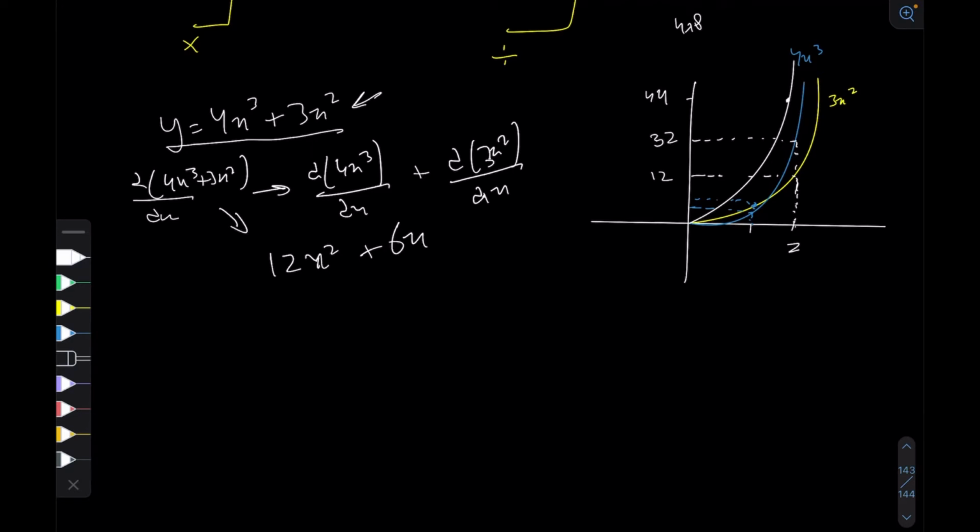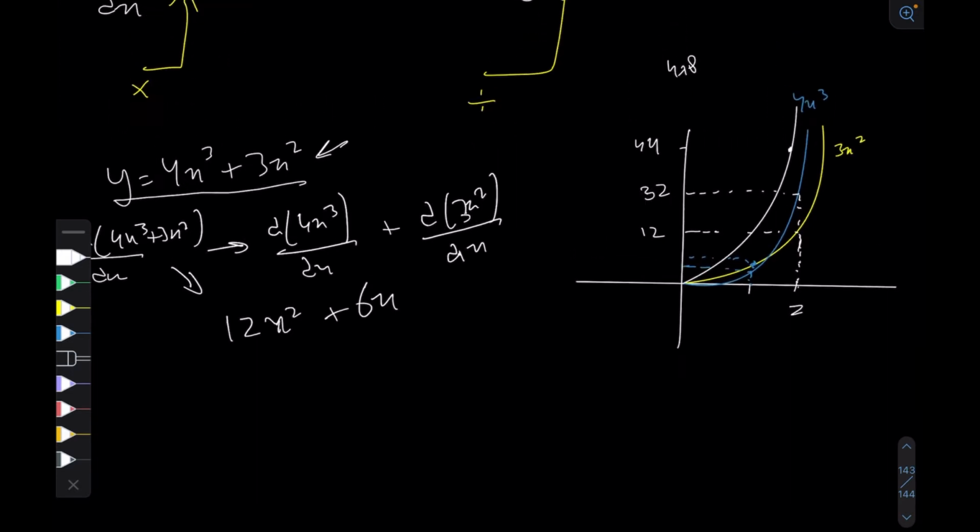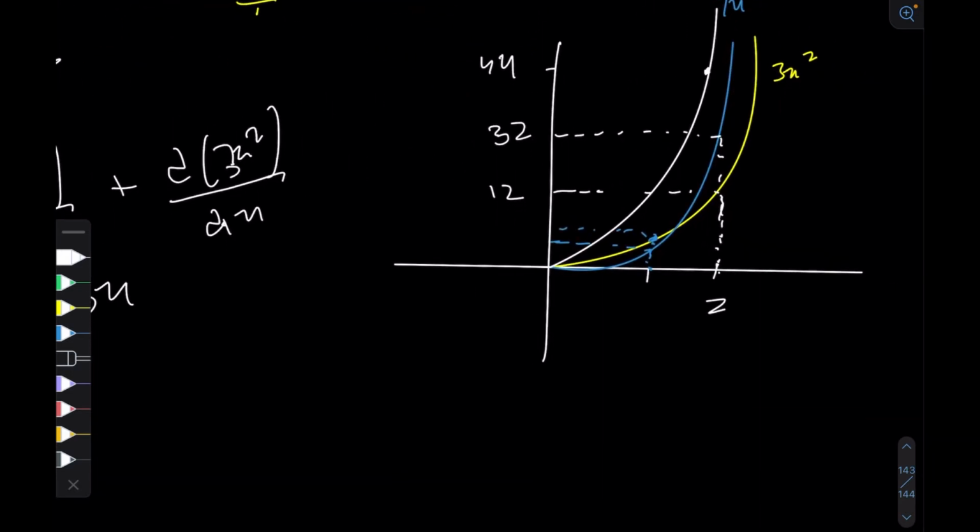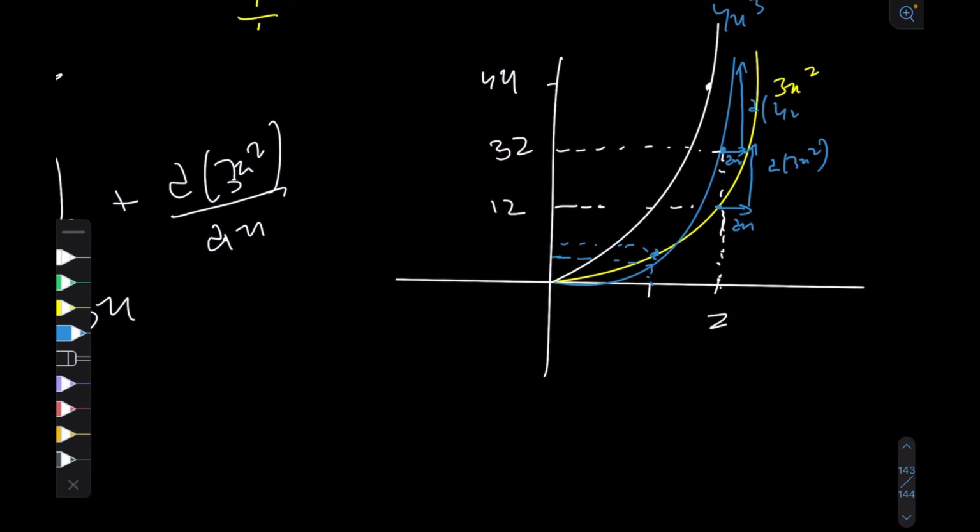right? And when you look at the graph, this should sort of make sense. So for example, at some point when I take the dy dx of 3x squared, so for some small change in x, there is some change in y. And similarly, for that change in x, there is also some change in that of 4x cubed, right?